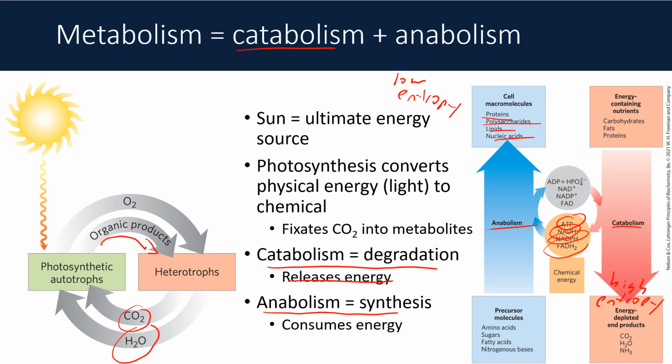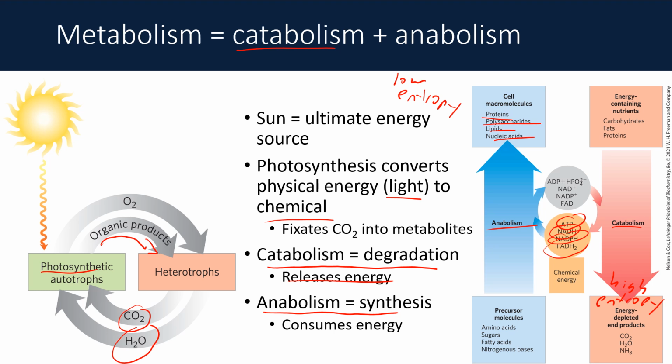Now, the food chain leads all the way down to the autotrophs, aka producers. These creatures perform a very special anabolic process called photosynthesis. This is why the sun is the ultimate source of life energy, because photosynthesis is the only process in biology that we know of that converts physical energy, which is light, into chemical energy.